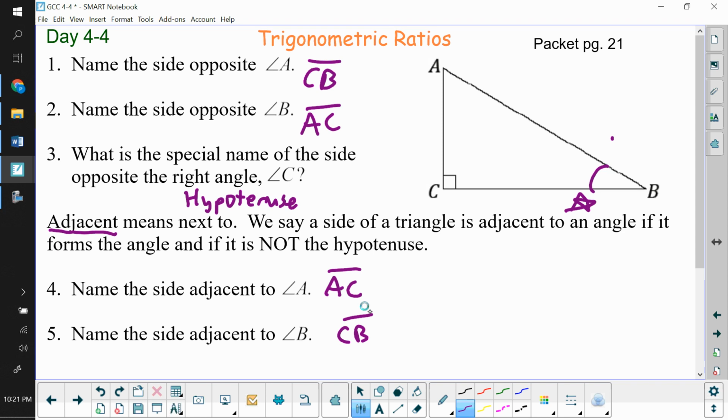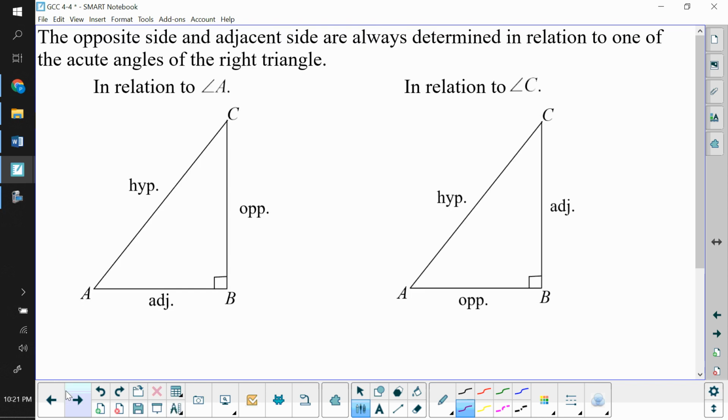The first step in what we're going to learn today is being able to identify the opposite and adjacent sides from an angle and also knowing what the hypotenuse is. So down on the bottom here, the left-hand one, we're saying, okay, let's do it in relation to angle A. Well, from angle A, CB would be the opposite, AB would be adjacent, and AC has to be the hypotenuse because it's across from the right angle.